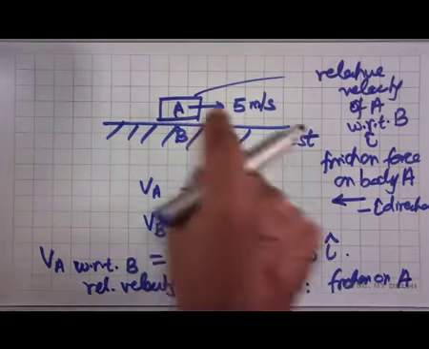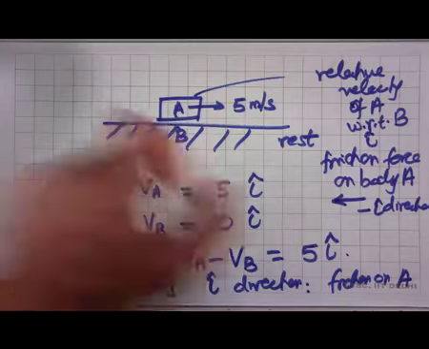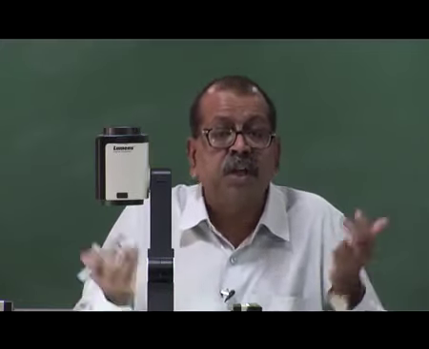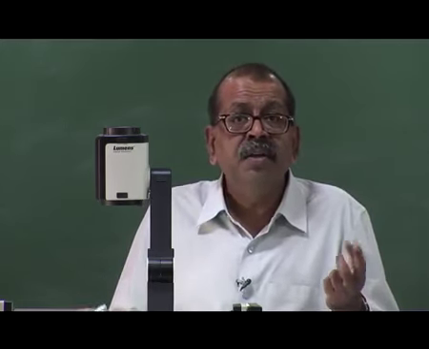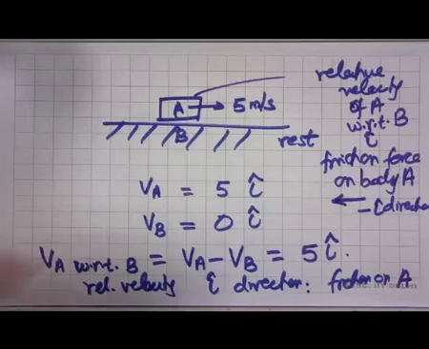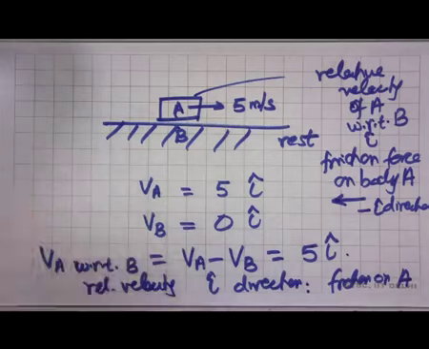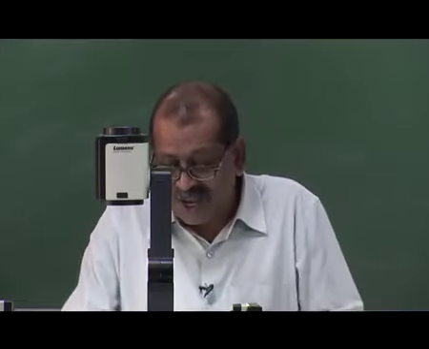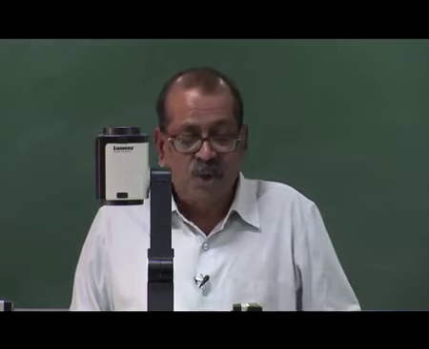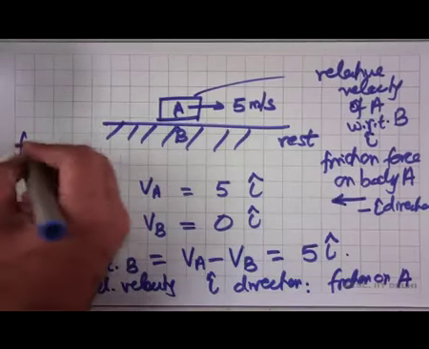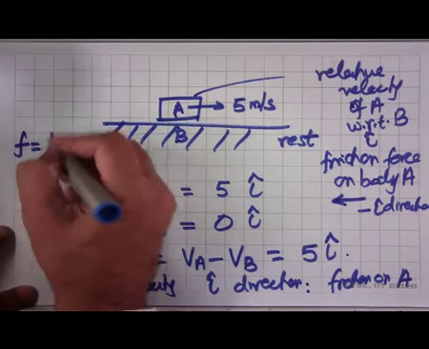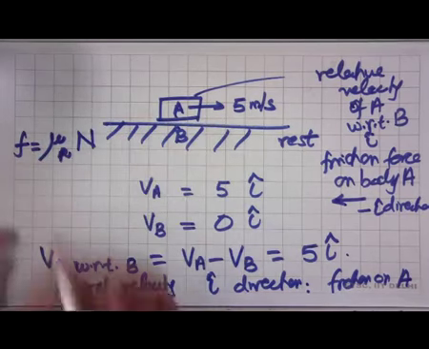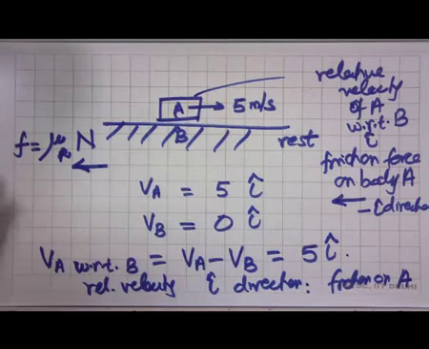And in this case, because the friction force is in minus i direction, is it equal to mu n or is it not equal to mu n? What can you say? Think about this. Is this a case of impending slip, no slip, or slip? Clearly this is a case of slip, because VA is not equal to VB. So, therefore, in this case friction force will be equal to mu k times n, and this will be in the minus i direction.